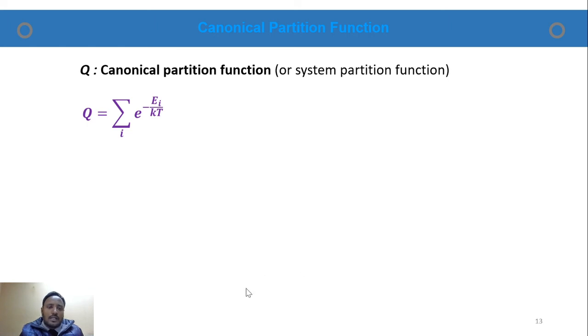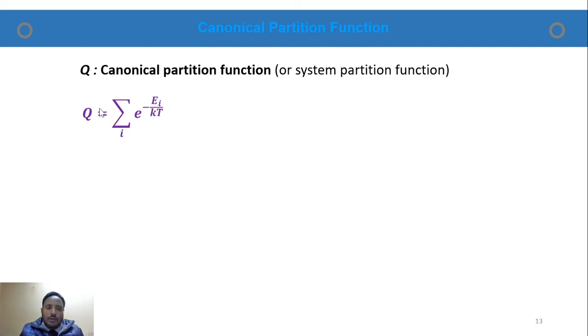And this partition function for the collection of particles is denoted by capital Q, and it is called the canonical partition function or the system partition function. So this capital Q can be found out once we know the partition functions of each of the molecules.